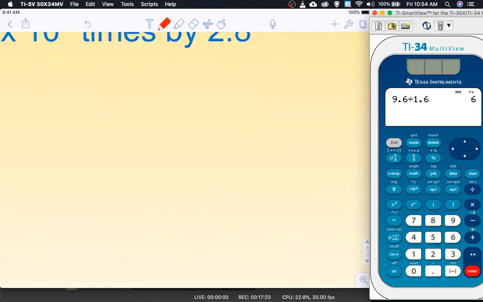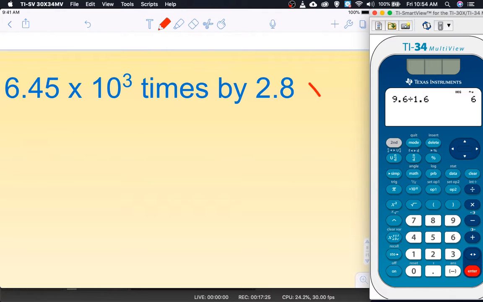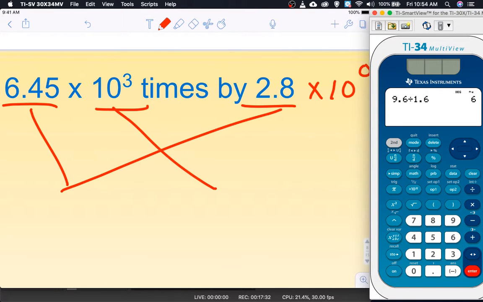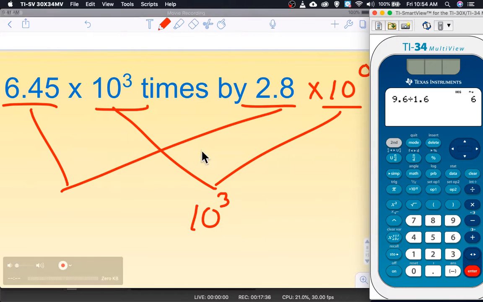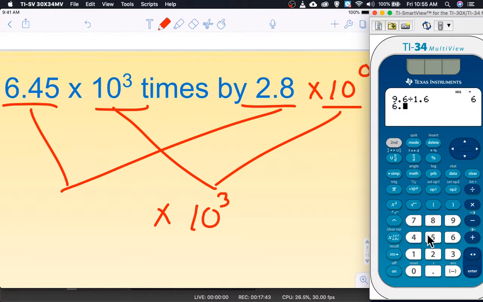All right, so I would make this 2.8 times by 10 to the power of 0. I would multiply my decimal pieces together. I would multiply my powers of 10 together, adding the exponents, which I can do 3 plus 0 in my head is still 3. And 6.45 times by 2.8 I cannot do in my head, so it's 18.06.